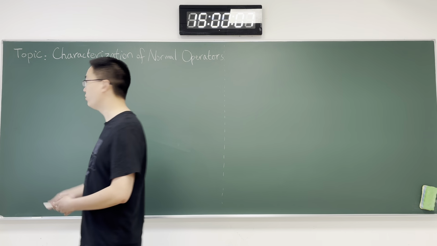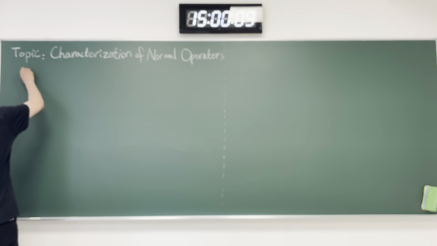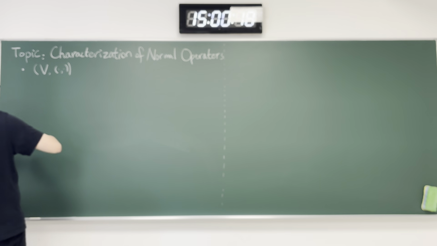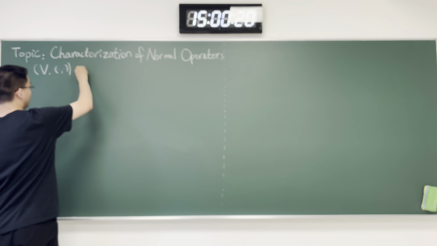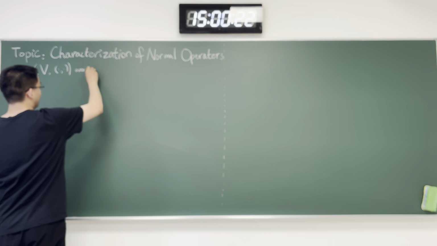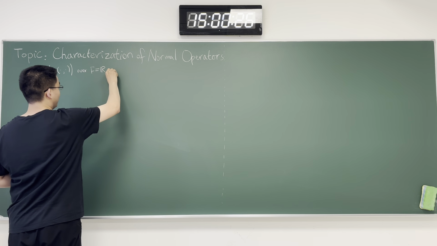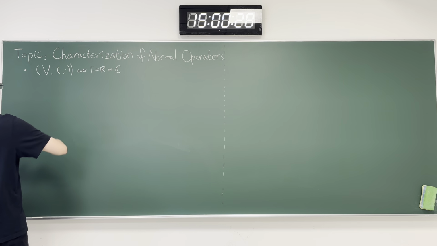Let us basically recall the definitions. We start from a vector space with an inner product on it, over a fixed field, say F equals the field of real numbers or the field of complex numbers.